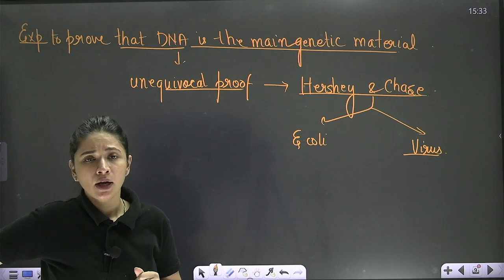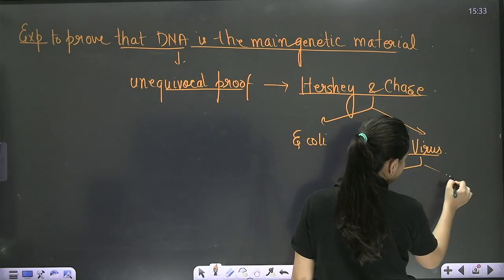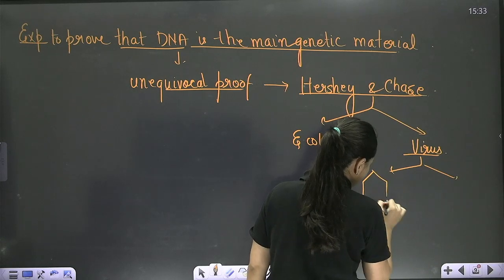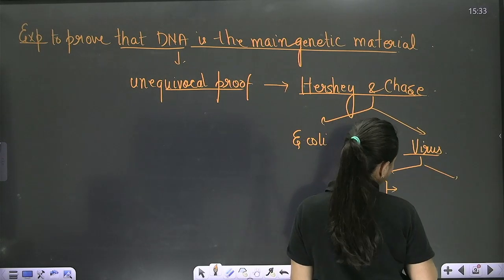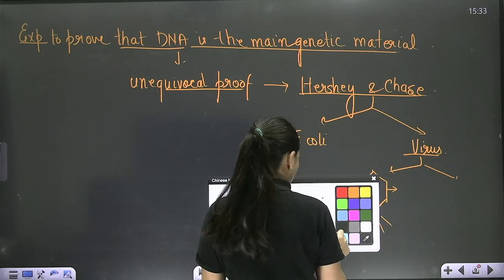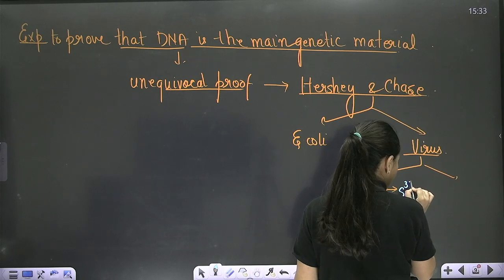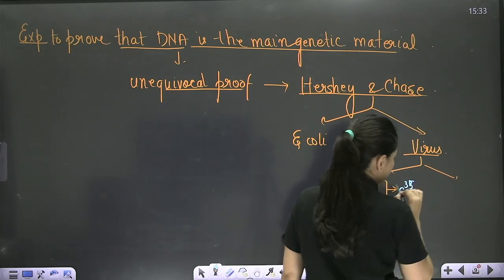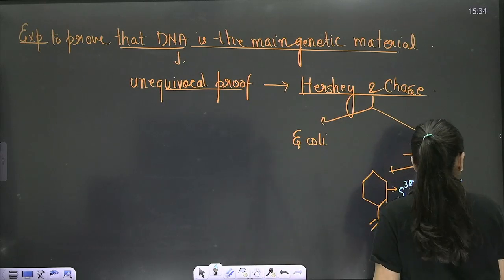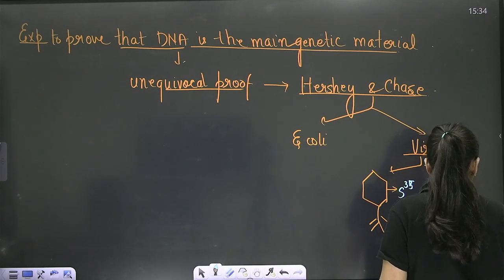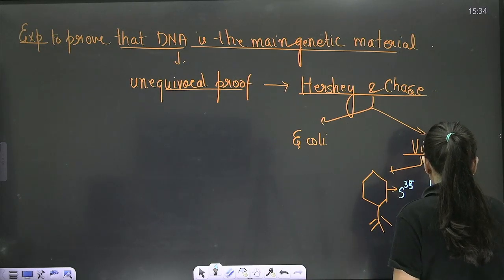Now let's see what was their experiment. So basically, beta, they took two viruses. First virus whose capsid, that means the body of the virus, which is made up of protein, was replaced by radioactive sulfur S35, and in second virus beta, the genetic material was replaced by P32.